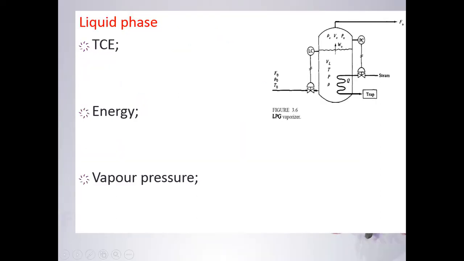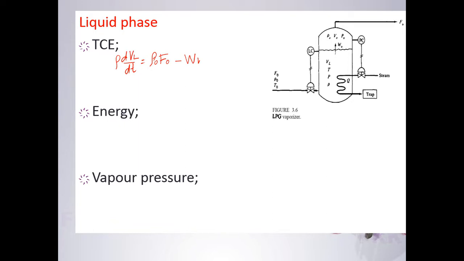So next, from that we can do some derivation for both the liquid phase and the vapor phase. Let's do the dynamic model for the liquid phase first. For the liquid phase, we know rho dVL/dt equals rho naught F naught minus WV.